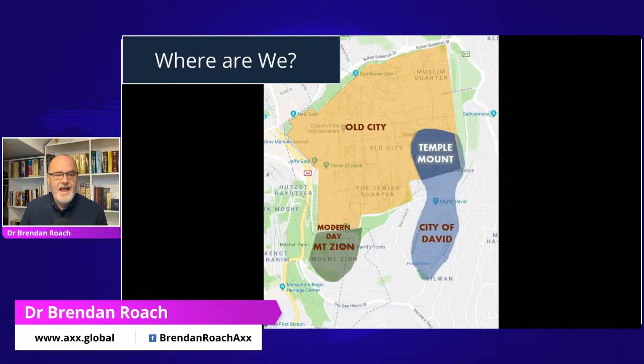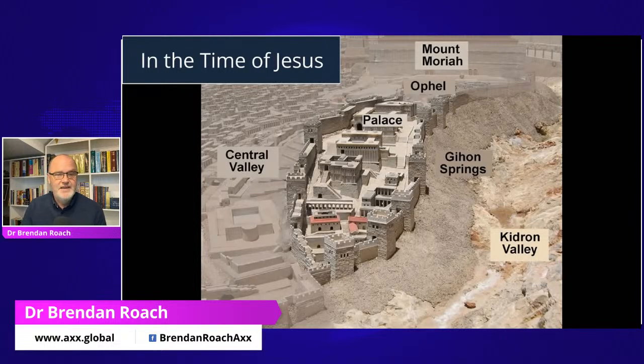Coming down is this longer shape called the City of David, and in the dark green we've got Mount Zion. That gives you an idea of how it all fits in if you are blessed enough to find yourself in Jerusalem at any time.